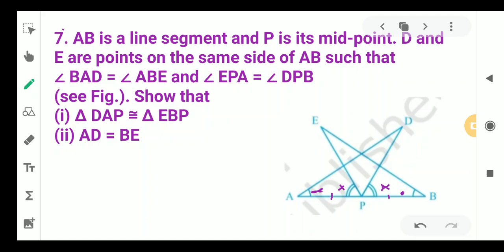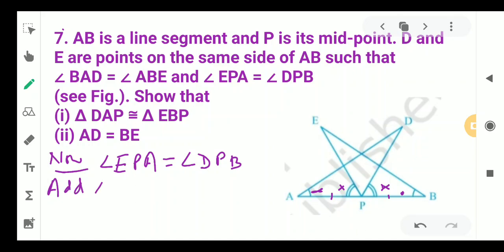So let me discuss this. First of all, it is given that angle EPA equals angle DPB. It is already given to us. Now what we will do, add angle EPD on both sides.